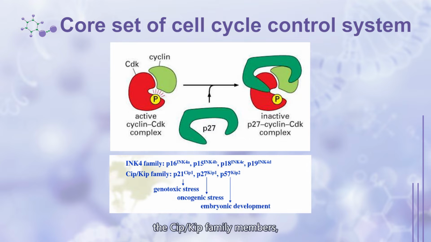Conversely, the CIP/KIP family members, including p21CIP1, CDKN1A, p27KIP1, CDKN1B, and p57KIP2, CDKN1C, are more promiscuous and broadly interfere with the activities of cyclin D, E, A, and B dependent kinase complexes.